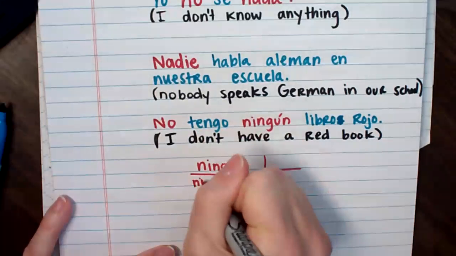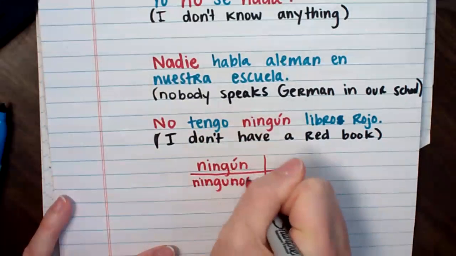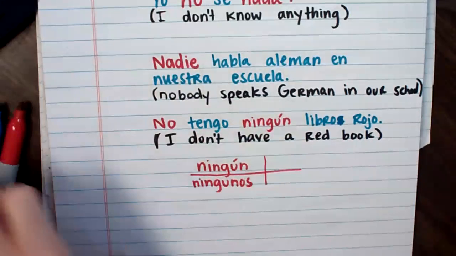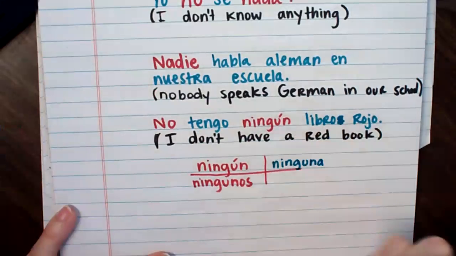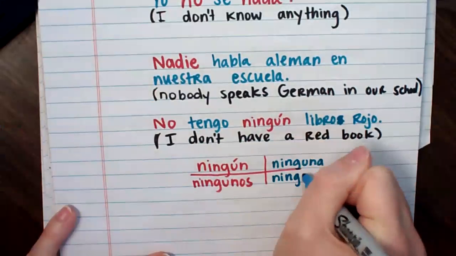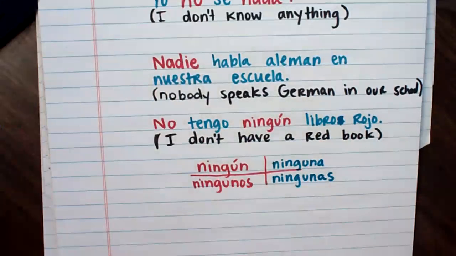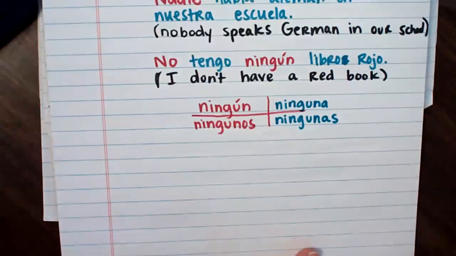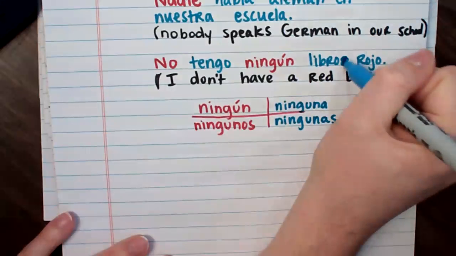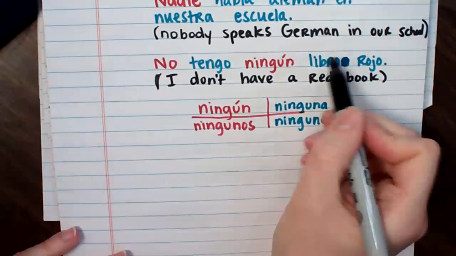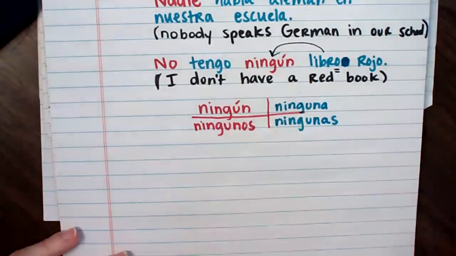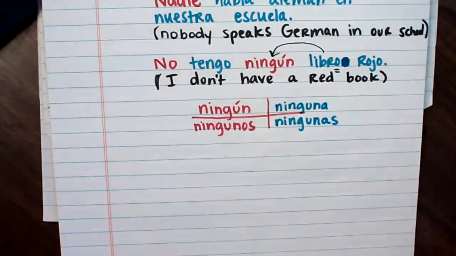To make it plural, ningunos, feminine, ninguna, or ningunas. And so in this sentence up here, since the word libro, the noun, is masculine singular, I picked the masculine singular version of ningún for adjective agreement. Okay.